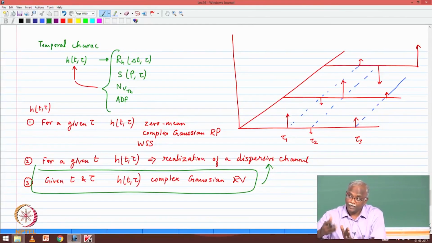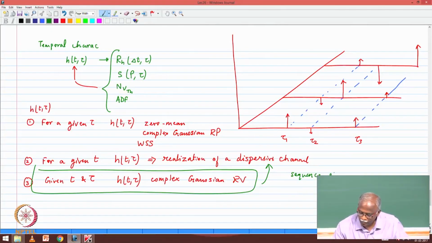It will be a sequence of random variables, if it's discretized. It will be a sequence of random variables if you were to discretize it.